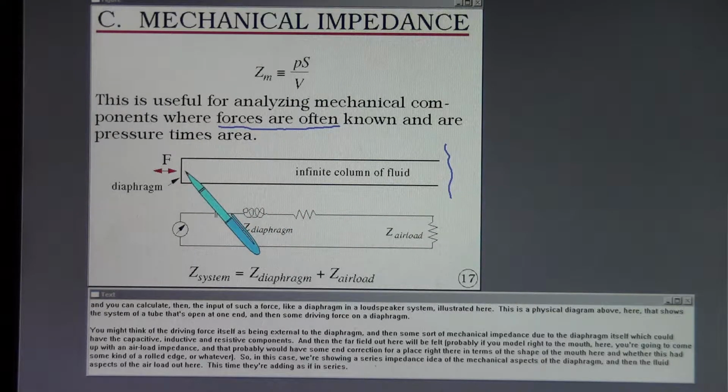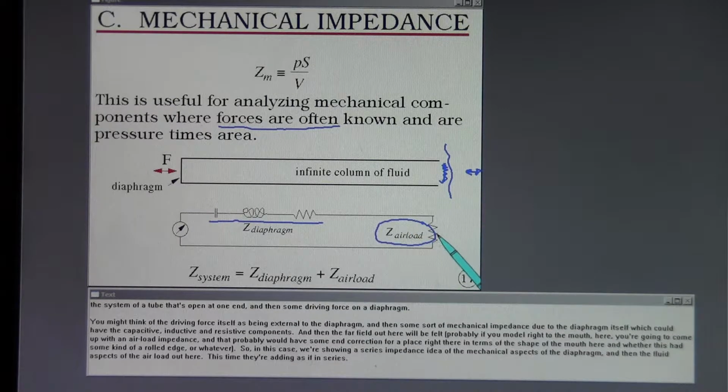You might think of the driving force itself as being external to the diaphragm, and then some sort of mechanical impedance due to the diaphragm itself, which could have capacitive, inductive, and resistive components. And then the far field out here will be felt, well, probably if you model right to the mouth here, you're going to come up with an air load impedance, and that would probably have some end correction in terms of the shape of the mouth here, and whether this had some kind of a rolled edge or whatever.